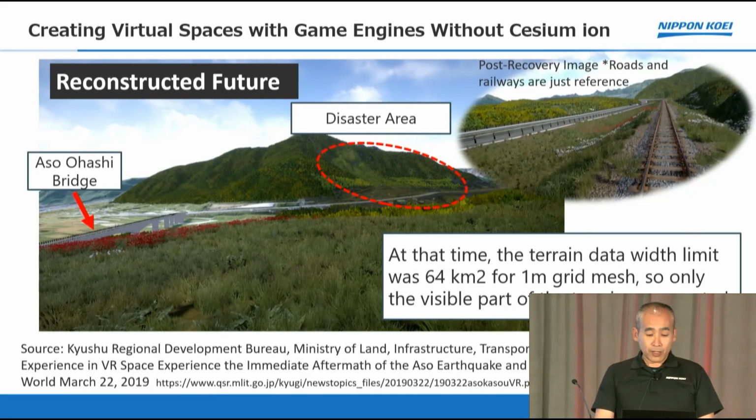And this is a visualization of the restored bridge. At the time, Unreal Engine supported terrain up to 64 square kilometers. However, that wasn't enough to fully represent the entire surrounding areas. So we only created the terrain that was visible from key viewpoints.